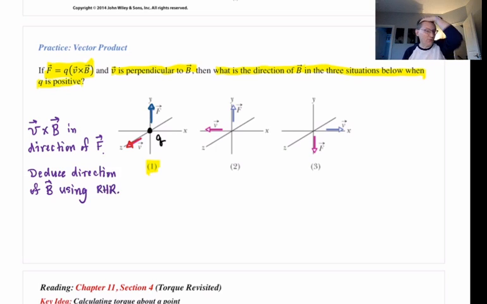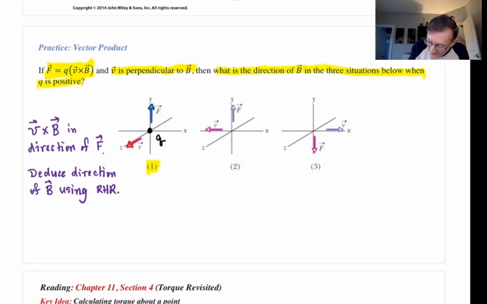So you just try different directions for B. Remember, B's got to be perpendicular to V. So that leaves you the options plus X and minus X, plus Y and minus Y. That's it. So just try them one by one with the right-hand rule and figure out which one, there's only one, will give you the correct direction for F. Feel free to pause the video again if you want to. Really, really try.